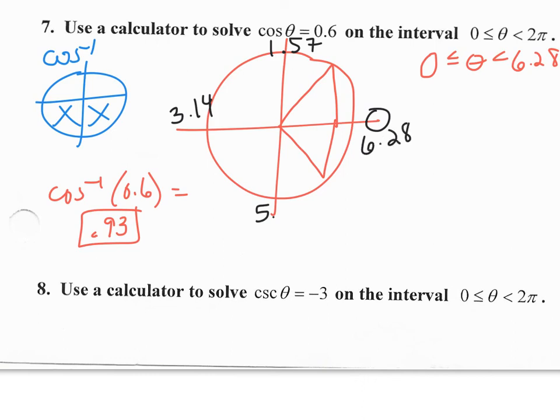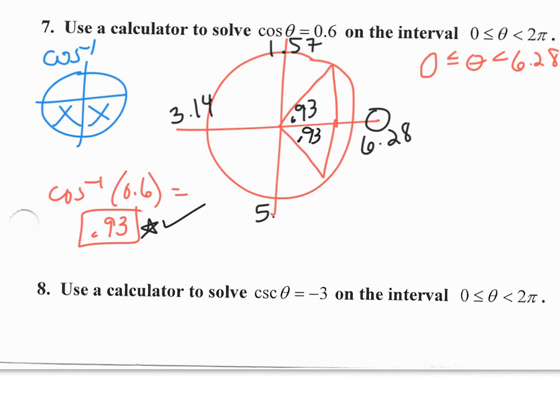So 0.93, this number that our calculator just gave us, would be in the first quadrant. That means that this reference angle would be 0.93. And since the reference angle can't change, this one down here in the fourth quadrant also has a 0.93 reference angle. So I know one answer because the calculator told me so, 0.93.